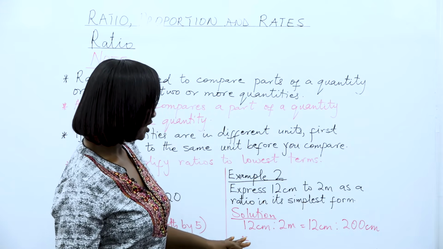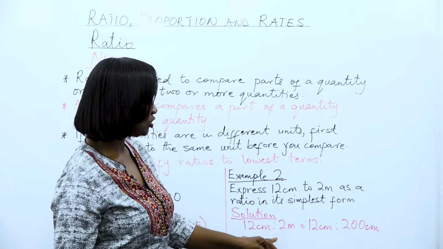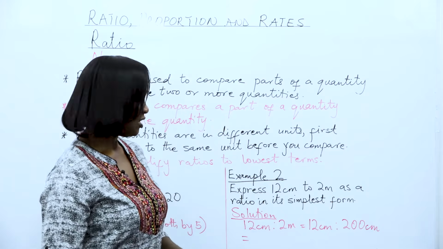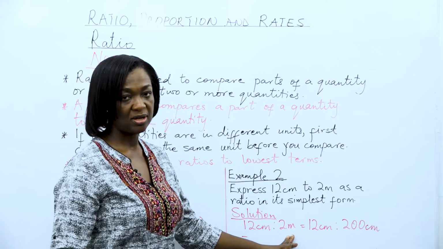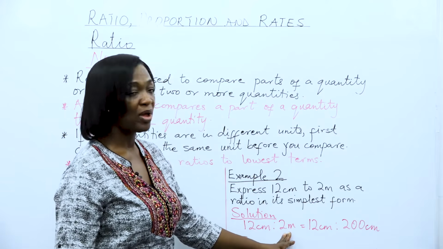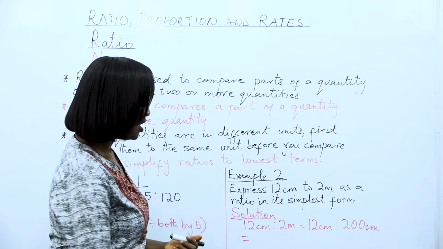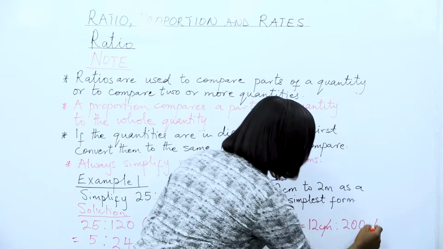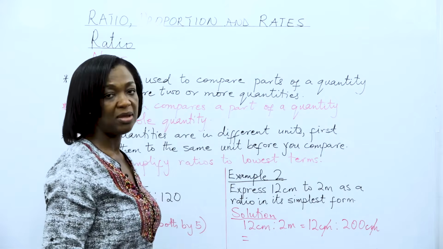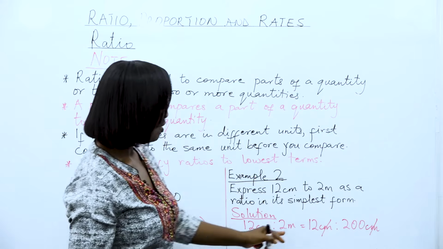So we write it out as 12 centimeters ratio 2 centimeters. 100 centimeters make a meter. So we'll multiply 2 meters by 100 to change it to centimeters. And then ratios have no units at the end because the units are the same, so they cancel out.